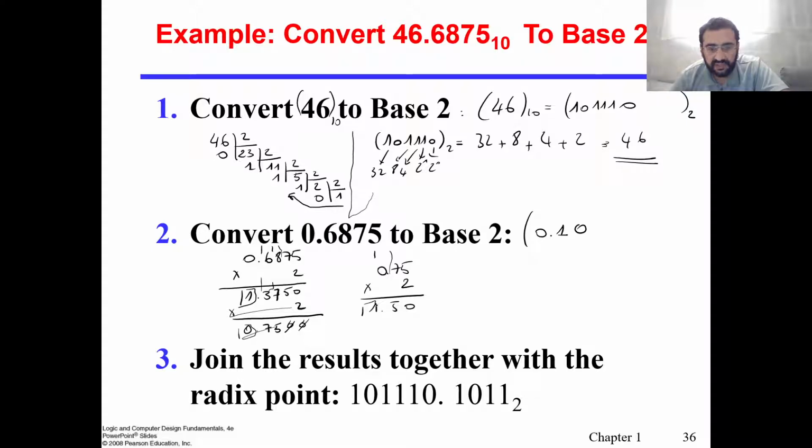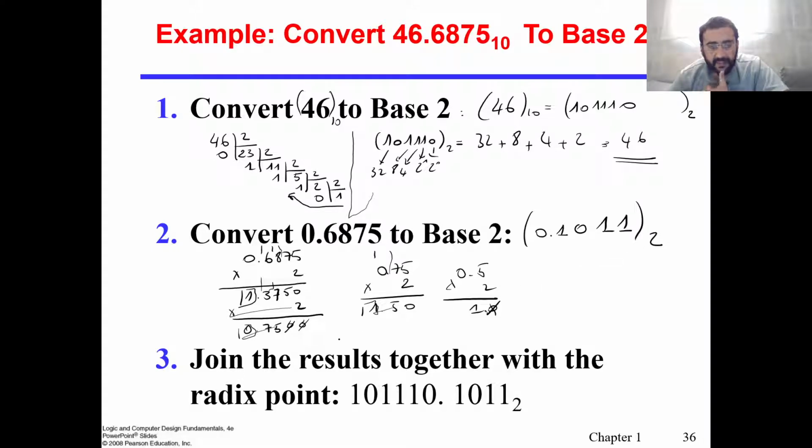So we take this one, we write it here, and we are left with 0.5. So 0.5 multiplied by 2 is 1, which means it's 1.0. So we just need to write 1 here, and we stop because we are left with nothing after the dot. So this is the result of the conversion in base 2.